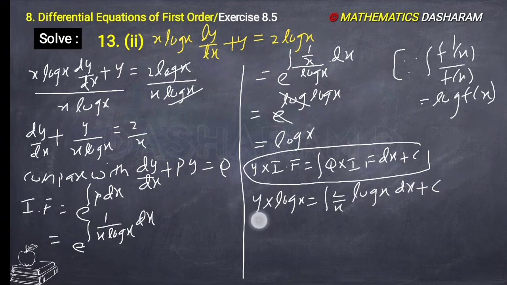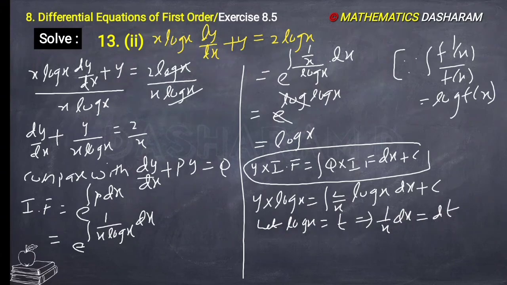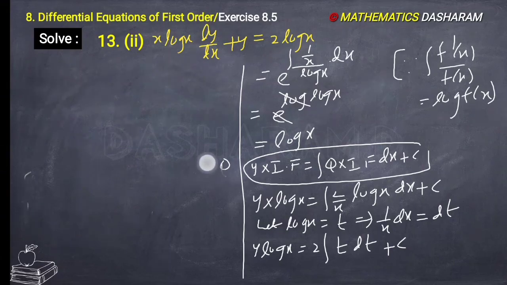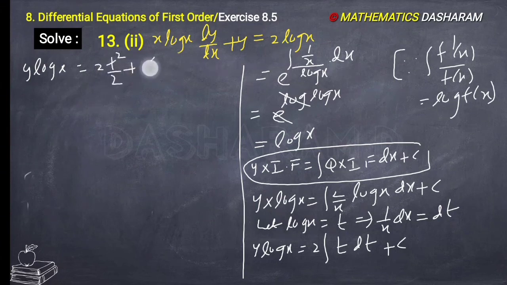plus c. So let's take log x as t and its derivative is 1 by x dx equals dt. So then y into log x equals, here log x is t and 1 by x dx is dt, plus c. So now y into log x equals 2 into t square by 2 plus c.